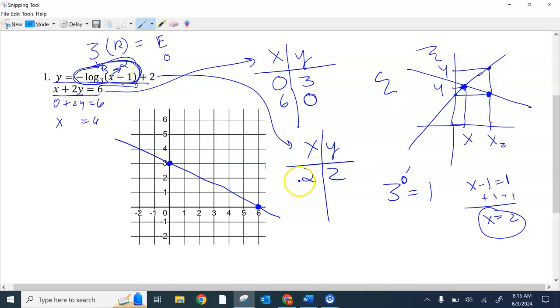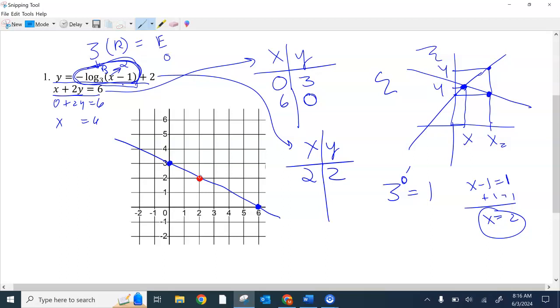So when x is 2, y is 2. Oh my goodness gracious, check that out. It looks like we got lucky. And I can put this one in red, our very first point just turns out to look like it's the point of intersection.